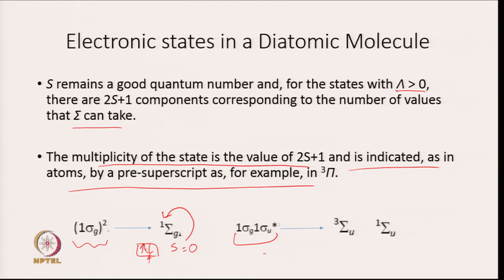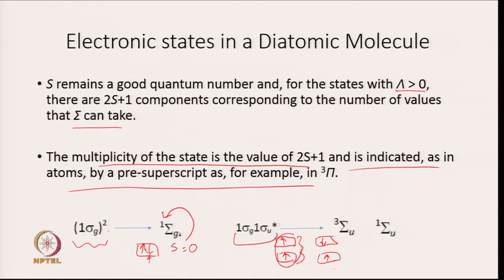Now, take this case. In this case you have one electron here and one electron here, and now your multiplicity can be due to both being up, or due to one up and another down.